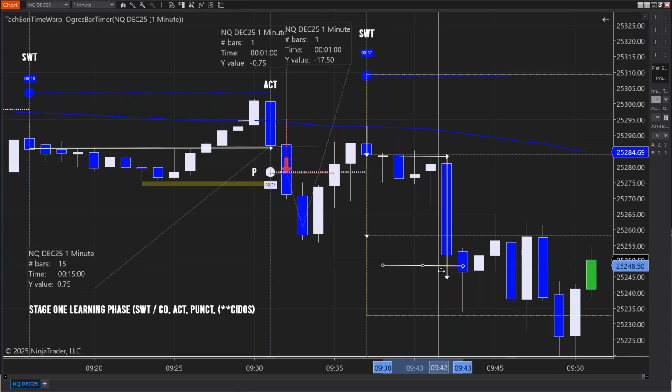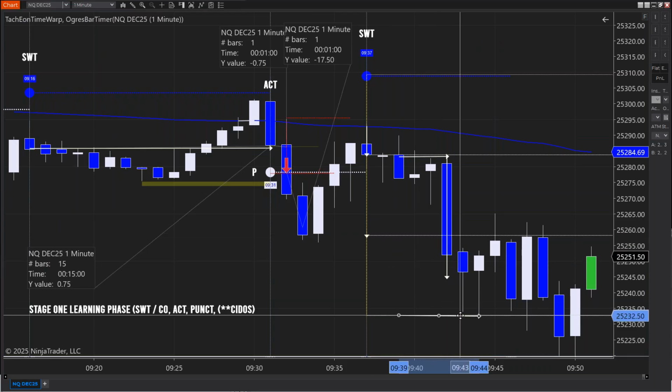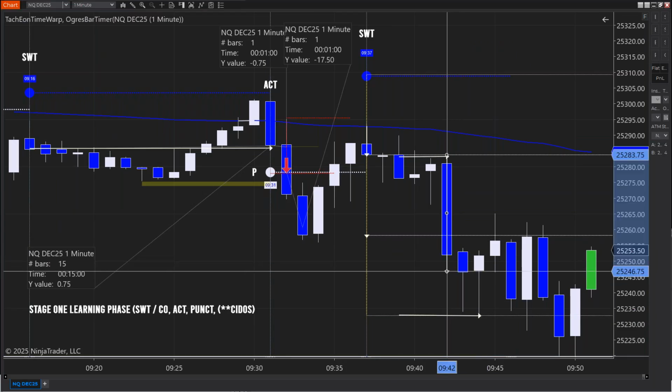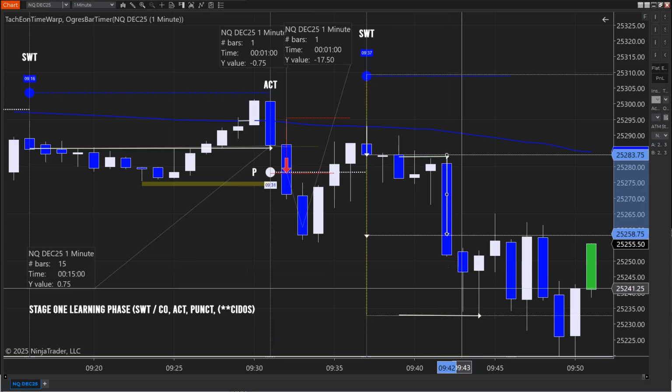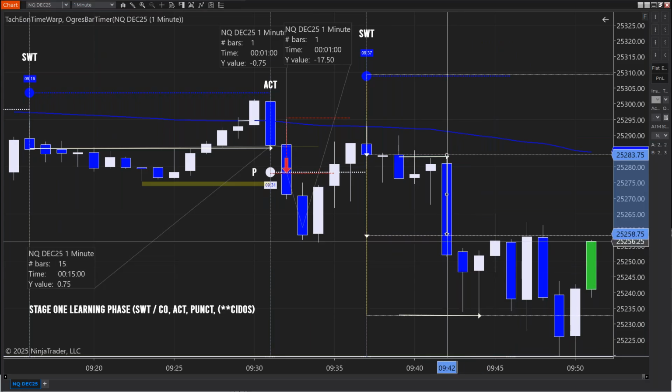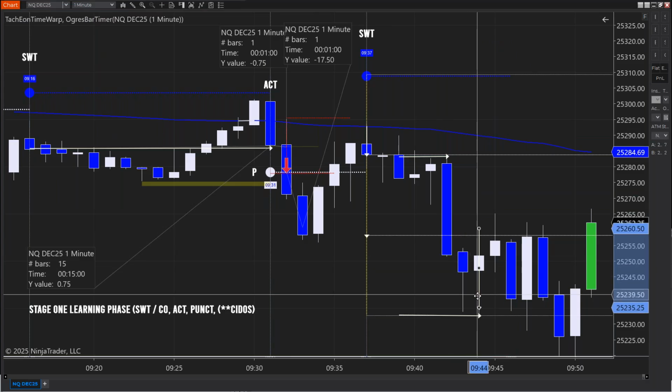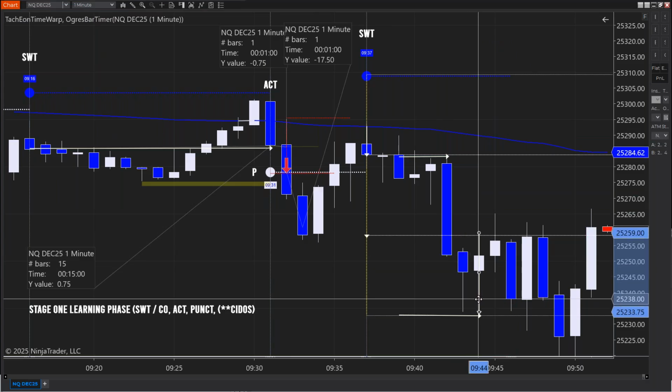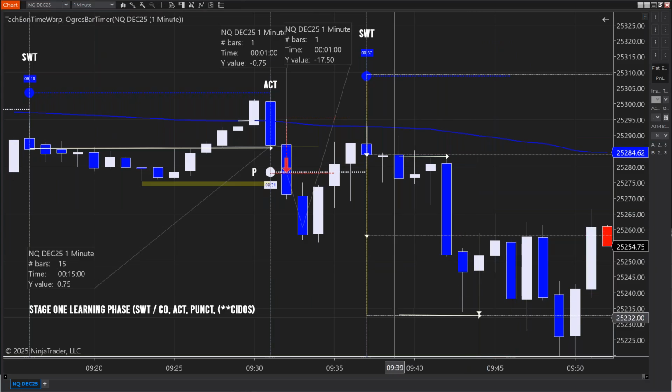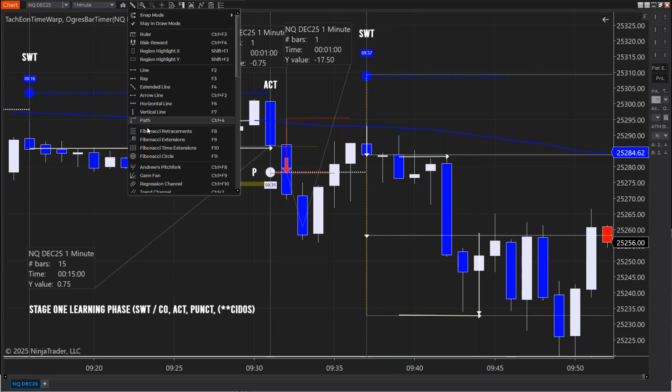Then it moves all the way and touches 200%. My trail stop was at 150. If it touches 200% for me, I trail it all the way down to just above there. So I don't allow any of that trade to come back when it's touching my target.